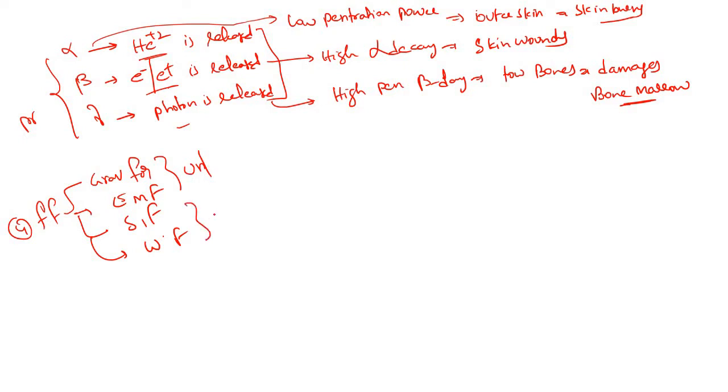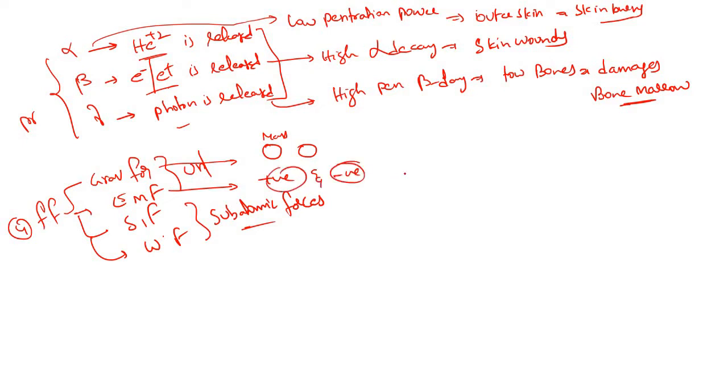The other two are subatomic forces, so their range is very small. Gravitational force generally exists between two bodies, two masses. Electromagnetic force generally exists between positively and negatively charged particles, like protons and electrons. Proton is positive and electron is negative.